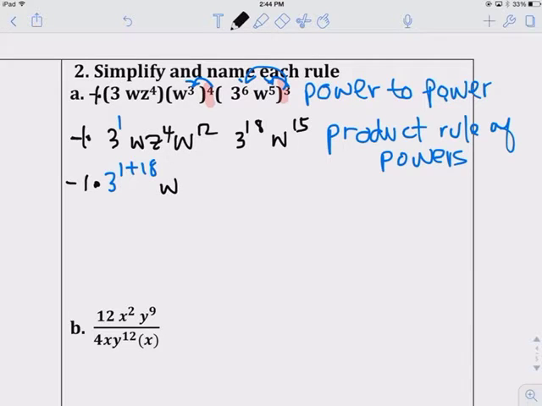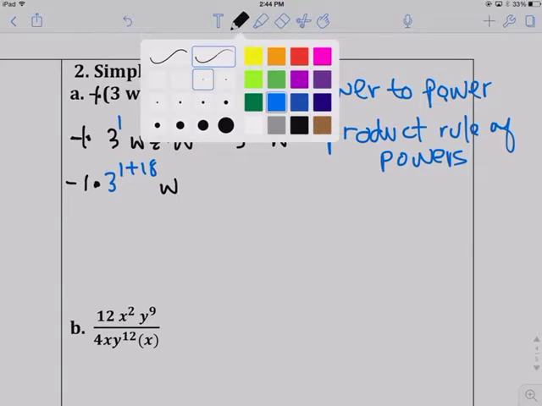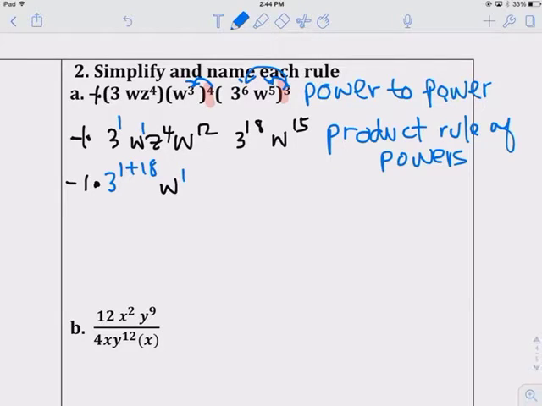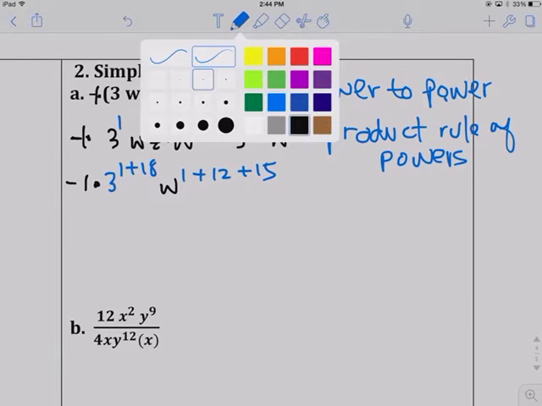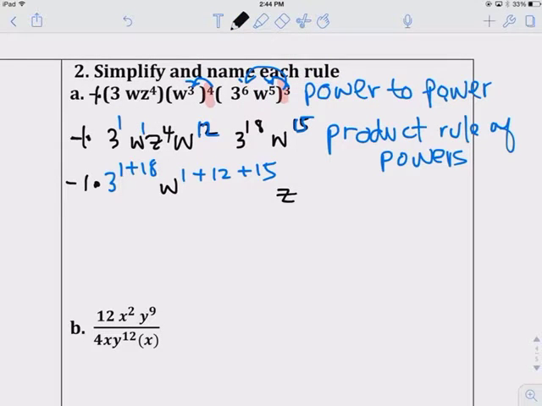And w to the 1st, plus the 12 here, plus the 15 here, right? And then what other variable? Z? Base of z? We got z only to the 4, correct? No other one. We got everything? I always like to check it. I got 3 to the 1st, 3 to 18, w to 1, w to the 12, w to the 15, and z to the 4th. I got everything.